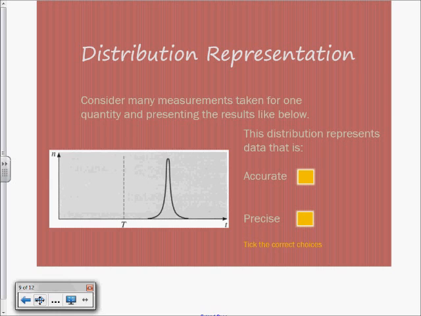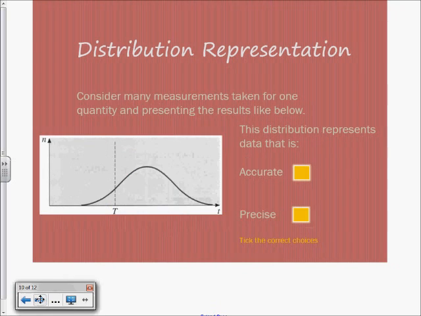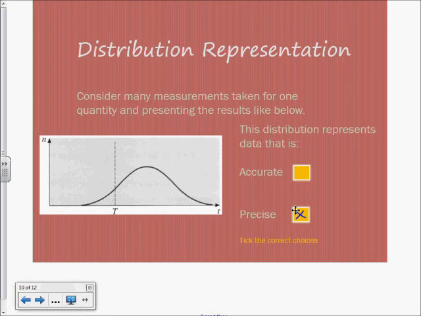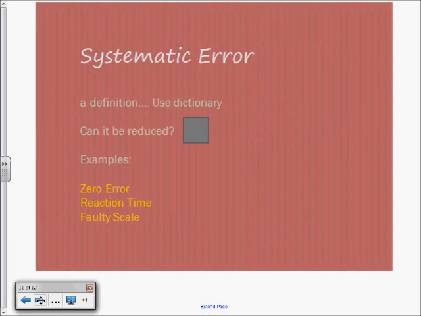This time though, we've still got a tight cluster of results, so they're still going to be precise, but this could be a situation where we've got zero error, where the instrument we're using is out of adjustment, and therefore the results are not going to be accurate. And finally, a big spread, so not precise, not centered on the true value, so not accurate as well.